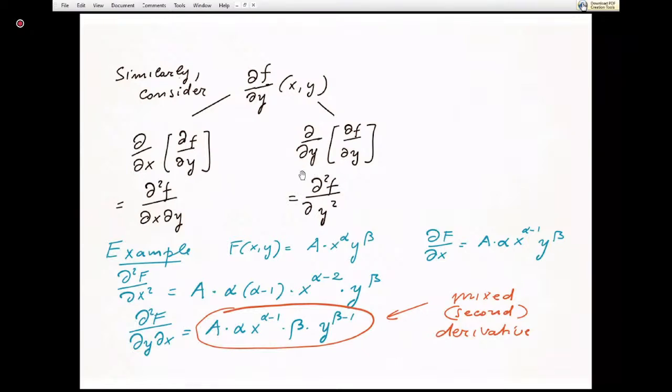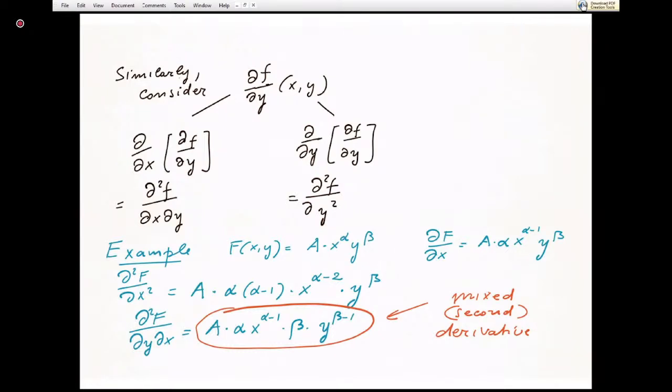This is called the pure second partial derivative of f with respect to y, because it is computed twice with respect to y. And this is computed with respect to y in the first step and with respect to x in the second step. D squared f by dx dy.